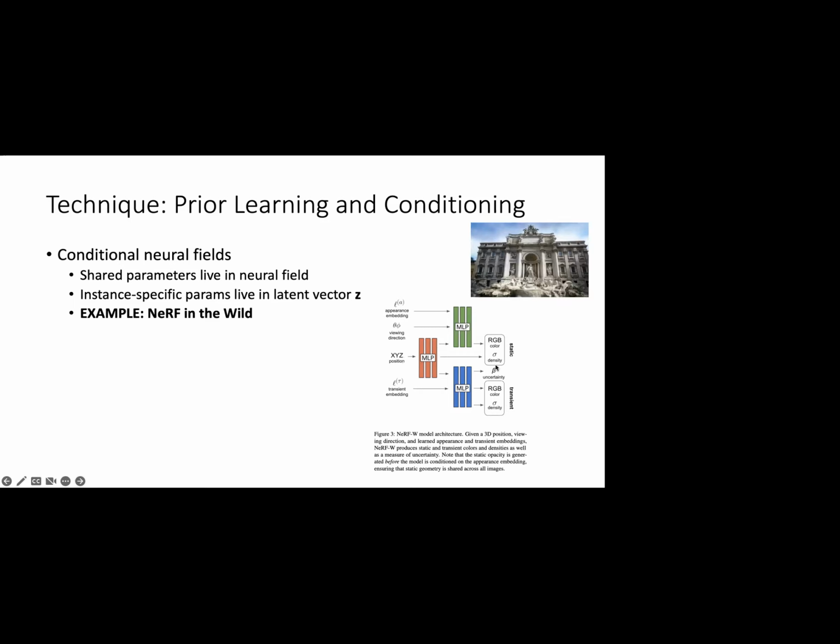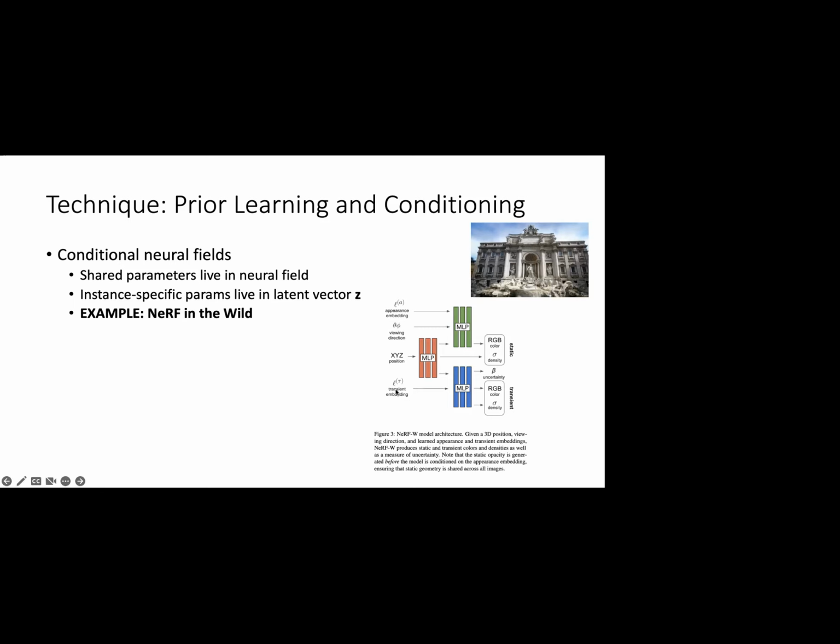And the density doesn't depend on your viewing direction. It doesn't depend on the appearance embedding. It only depends on your 3D position. But then the second green MLP takes in the output of the first MLP, the viewing direction, because the color might change depending on what angle you're seeing at, and then the appearance embeddings, and all that is concatenated together and shoved through the second MLP. So the second MLP has quite a few inputs.